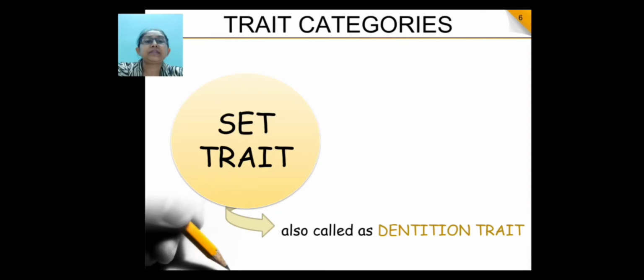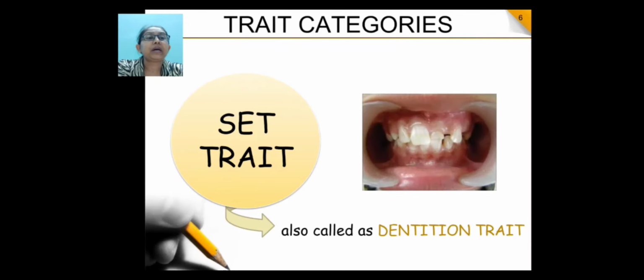Now the set triad, also called the dentition triad, is where we are trying to differentiate or distinguish between the primary and the permanent dentition. So here let us take an example. You can see here the primary teeth, the deciduous central incisor.